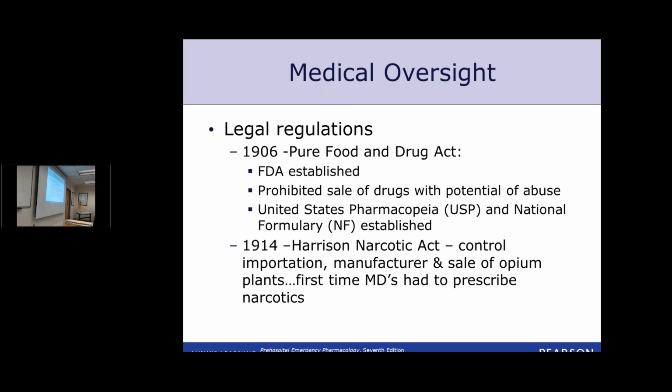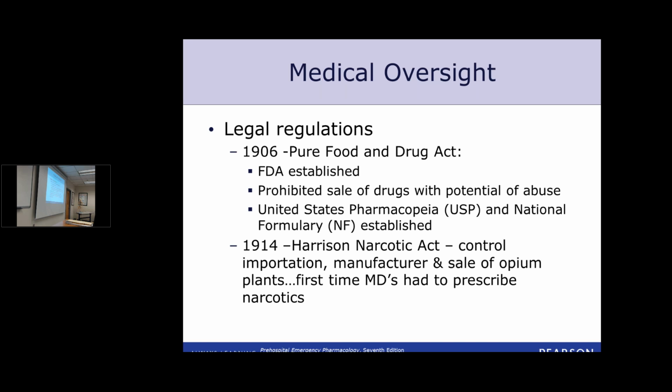Right, so some regulations that go along with oversight for drugs. Starting with 1906, the Pure Food and Drug Act. The FDA was established under this act. Prior to this, there had been no standardized way of looking at different medications.